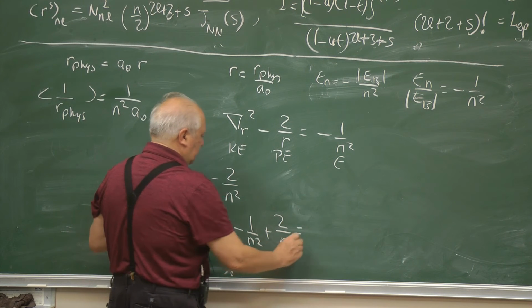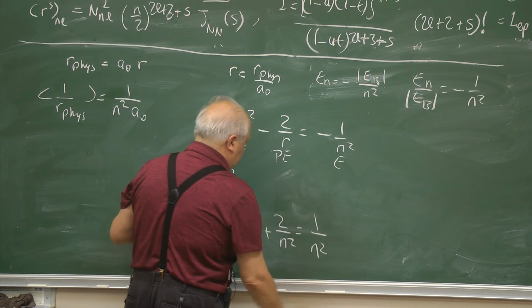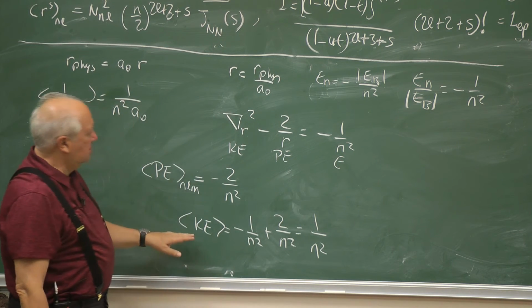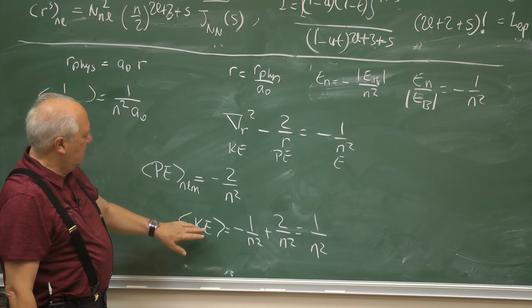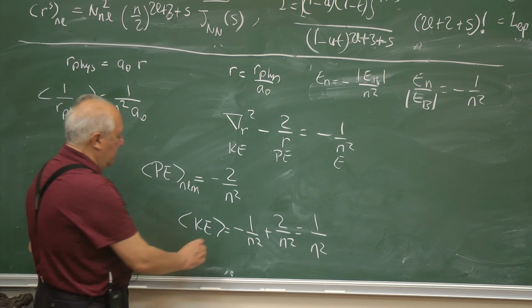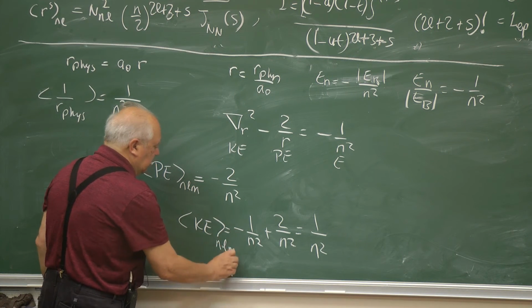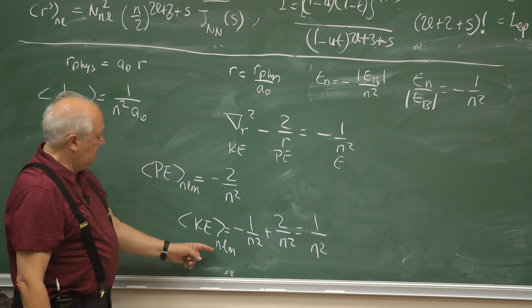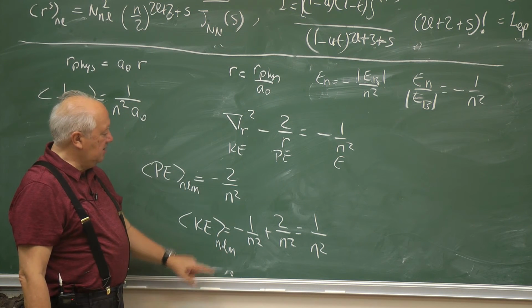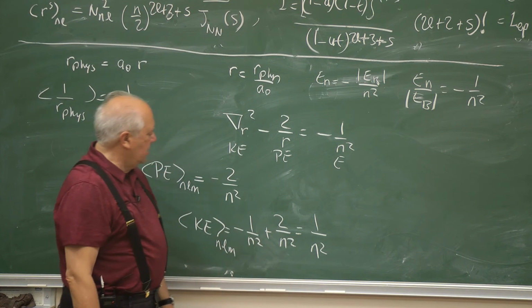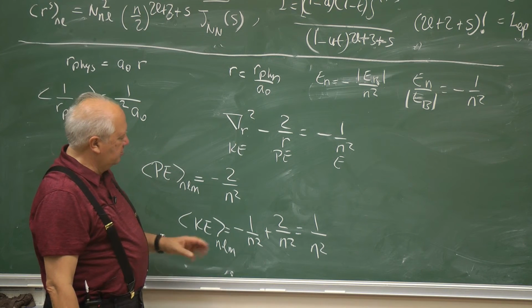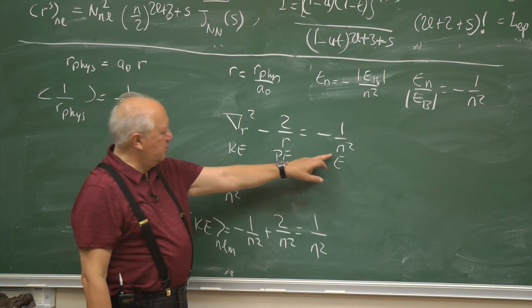So it is 1 over n square. So as a byproduct of this calculation, we obtained that the expectation value of the kinetic energy in the hydrogen atom state nlm is 1 over n square. So it's rather simple. Total energy is minus 1 over n square.